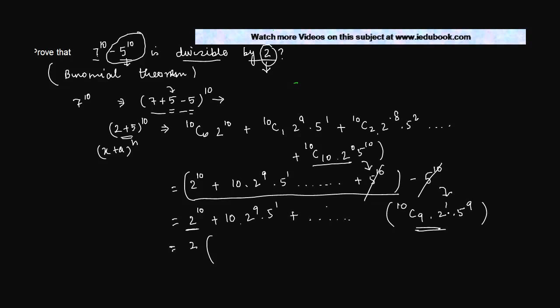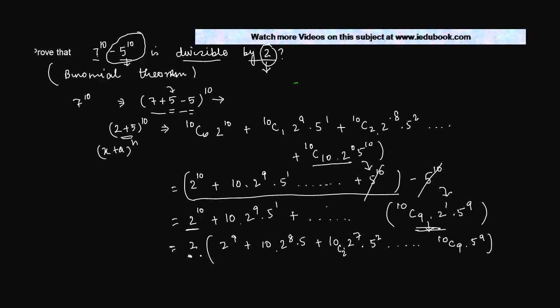So 2 is present everywhere, so we just take 2 common, and what are we left with here? 2 to the power 9 plus 10 into 2 to the power 8, because 1 power you have already taken out as common, then 10c2 into 2 to the power 7, and so on until you reach this particular point, which is 10c9 into 5 to the power 9.